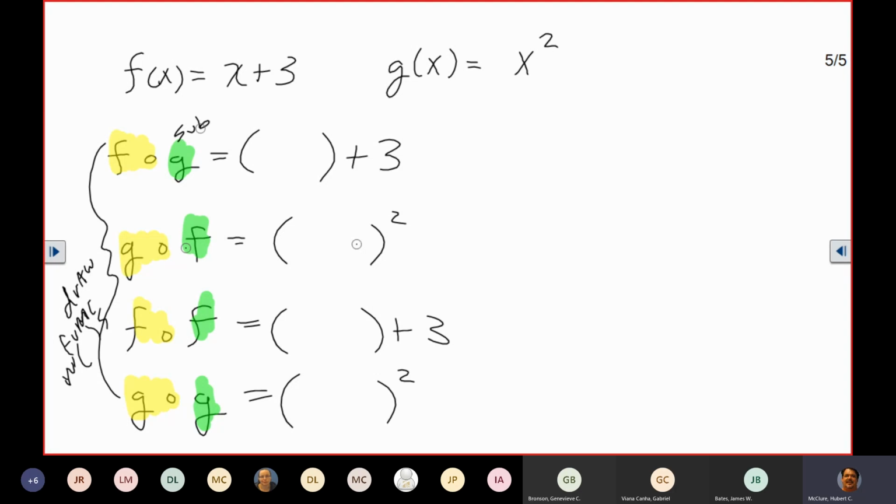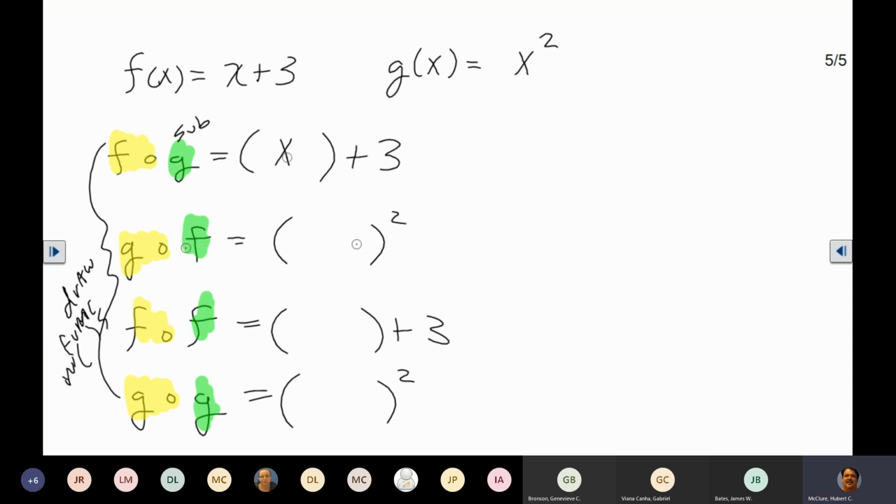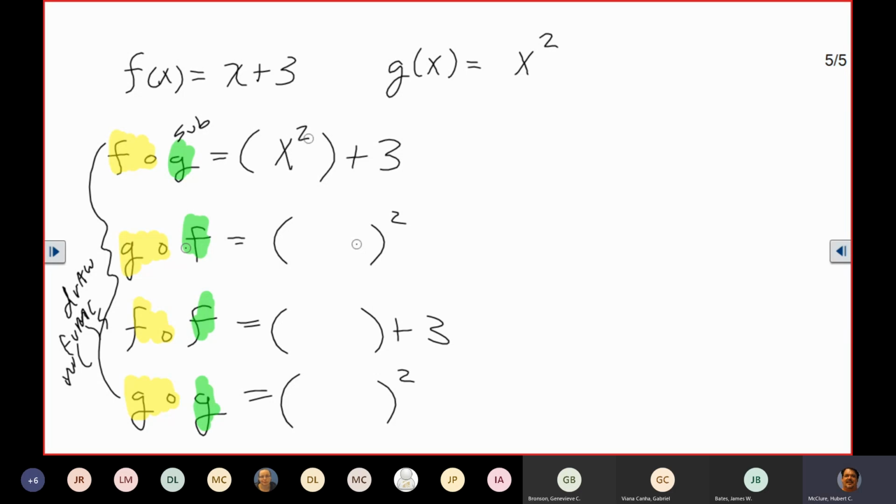So what goes in right here with the x plus 3? X squared. What goes in here? X plus 3. What goes in here? X plus 3. And what goes in here? X squared. And that's how you do composition. And now you've got actually pre-algebra, algebra 1 stuff.